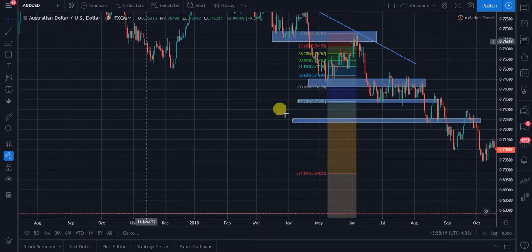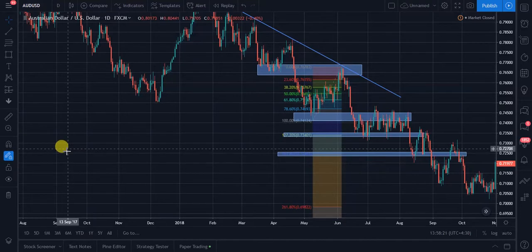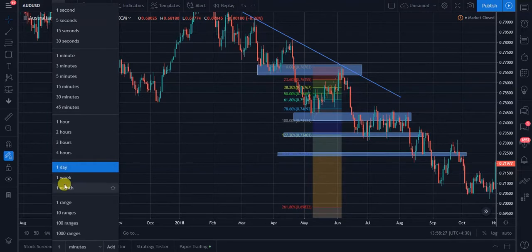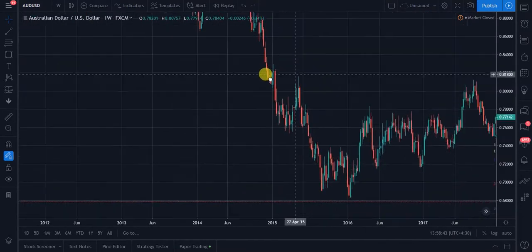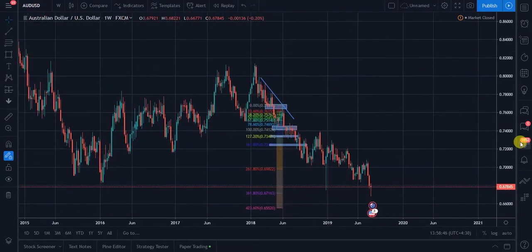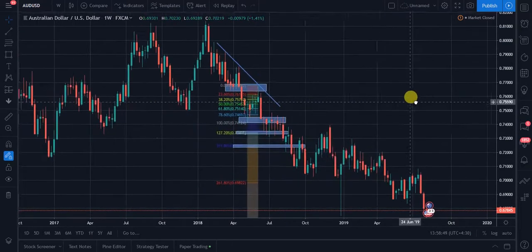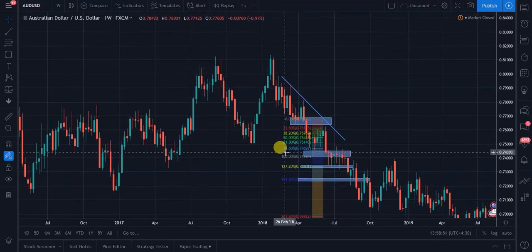For example, we are in the daily time frame. If you can't see any support and resistance on the current chart, check out the higher time frame. For example, here is the daily time frame, and check it in the weekly time frame for finding some support and resistance to match your exit or targets. So for example, as I checked it here, 100% for first target.